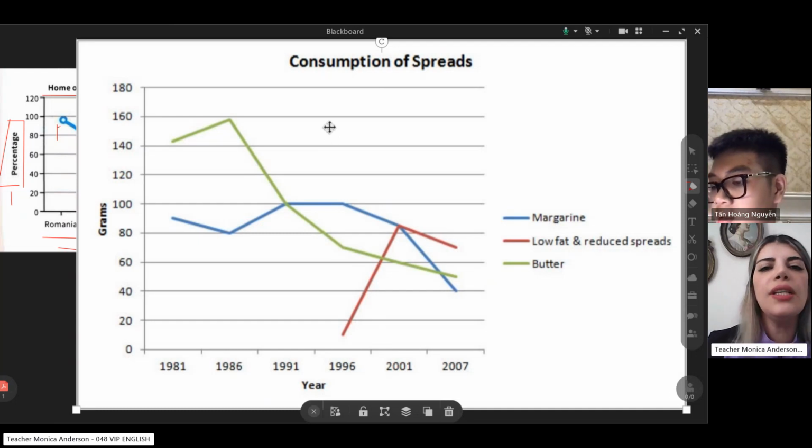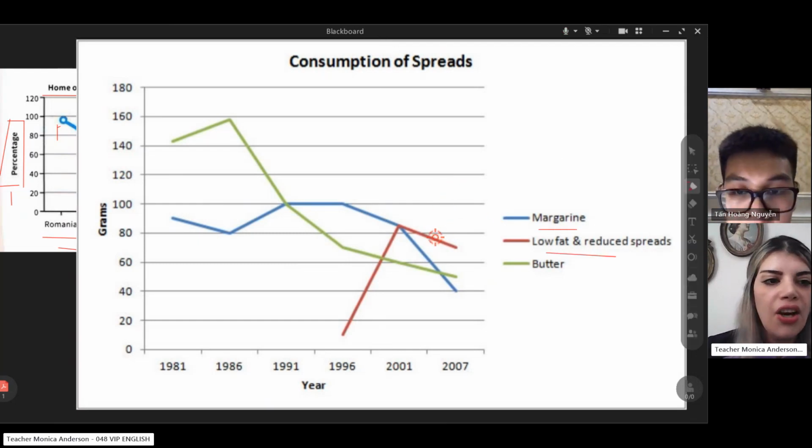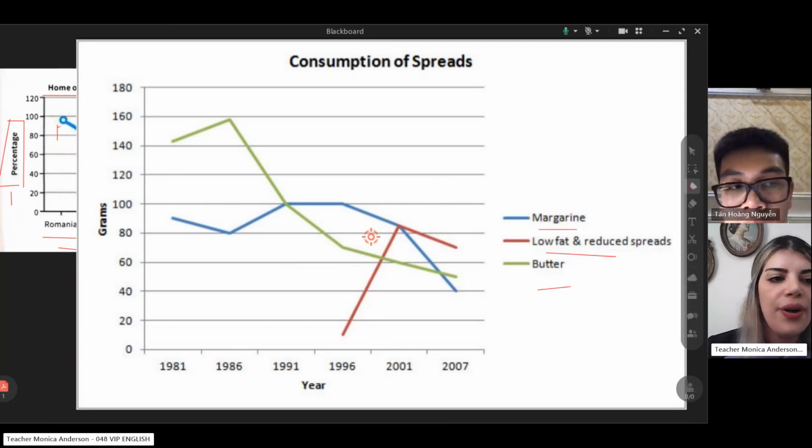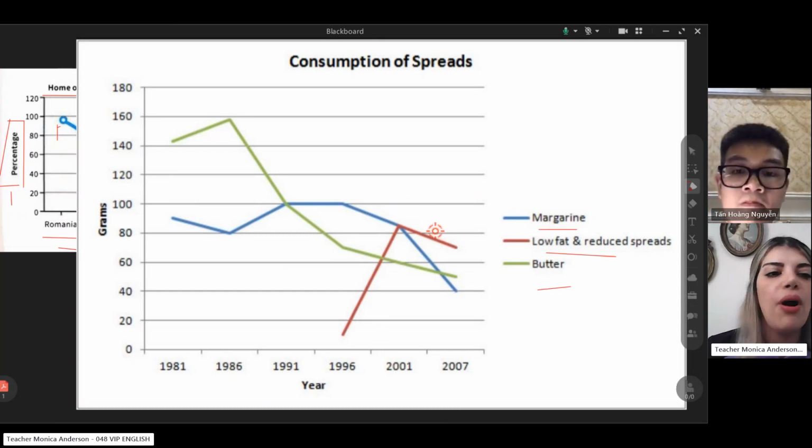Actually, this line graph, as you can see, illustrates or shows or demonstrates the amount of three kinds of spreads: margarine, low fat and reduced spread, and butter.